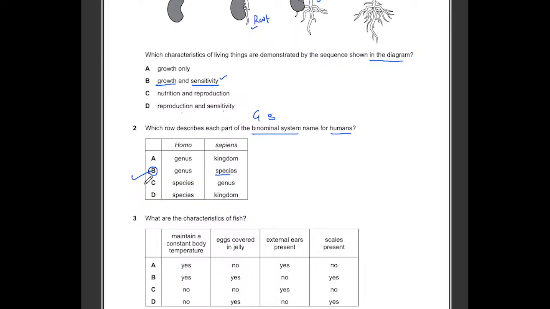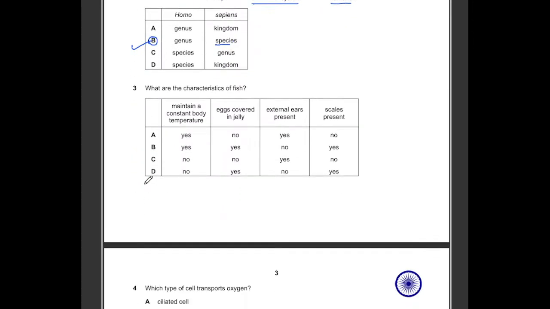Next, third question. What are the characteristics of fish? Again, this is from chapter 1. So basically we got a 3 marks question from chapter 1, right? Characteristics of fish. Now, maintain constant body temperature. First of all, can they do that? If you see the evolution period from the fish to the mammal, it's only mammals and birds which can maintain the temperature.